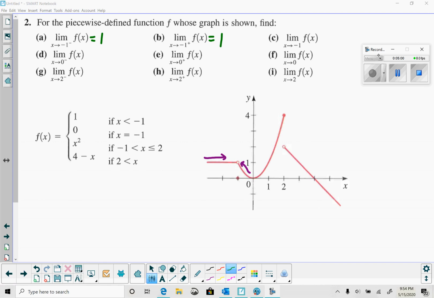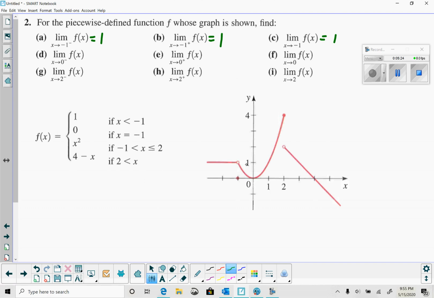So then for part C, yes, if both the left and right-handed limits are the same, we say the limit as x approaches -1 of f of x does exist, and it is 1. Now again, the value is not that, it's the limit of the function. Part D then, the limit as x approaches 0 from the left.